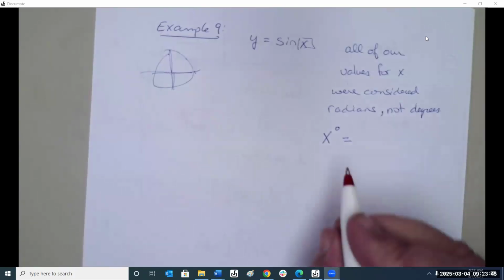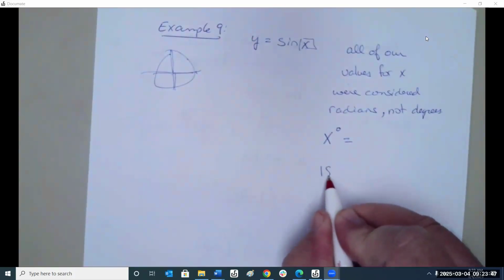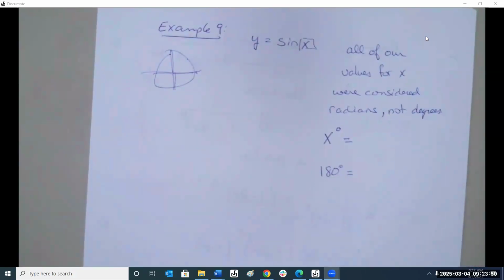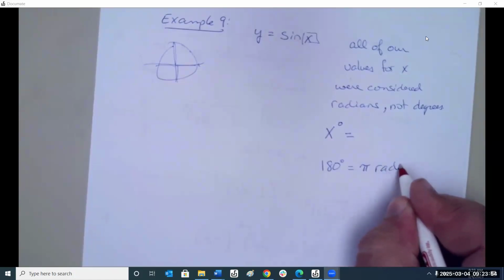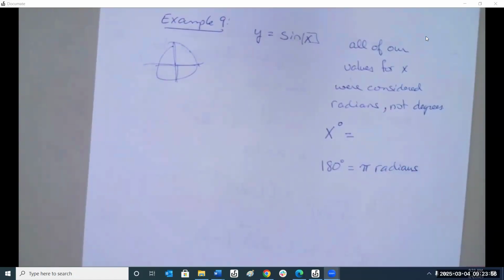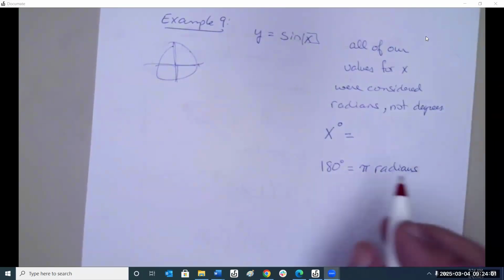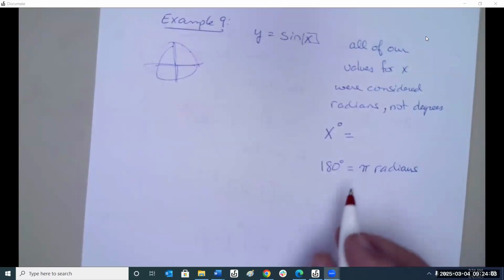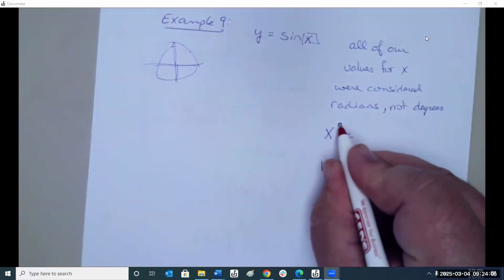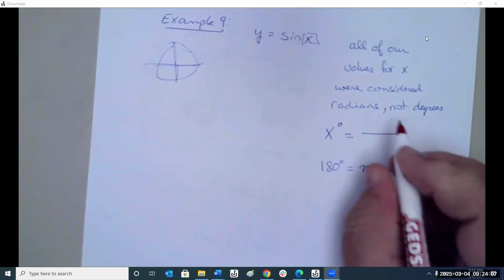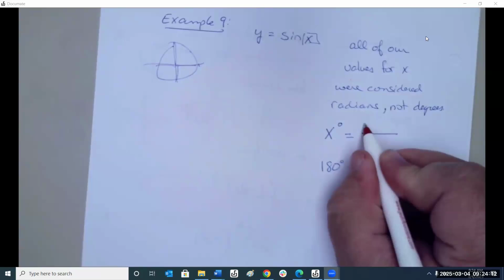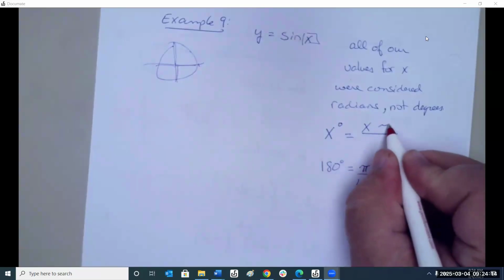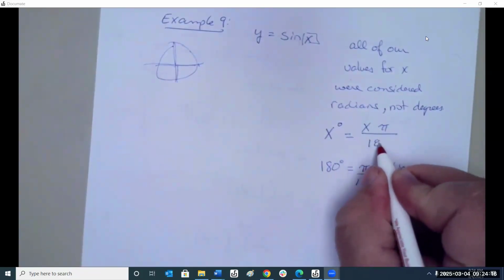Well, let's look at this first. First off, we know that 180 degrees is equal to what? Pi radians. So when we convert from degrees, we take whatever X degrees we have times pi over 180.